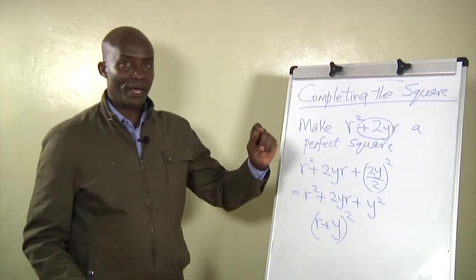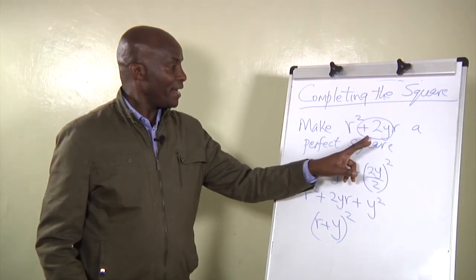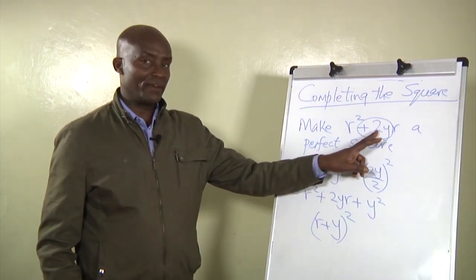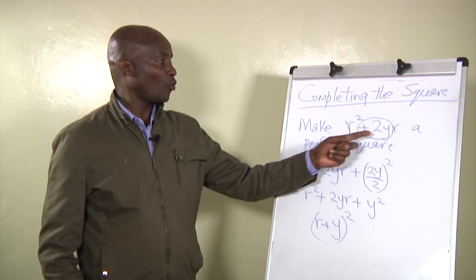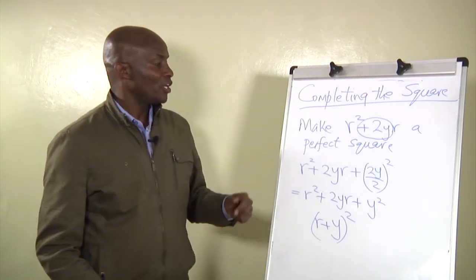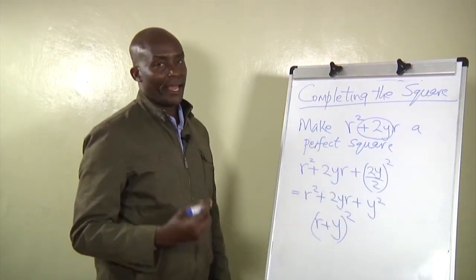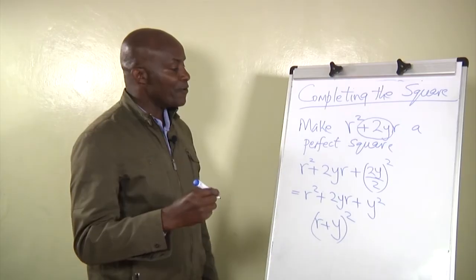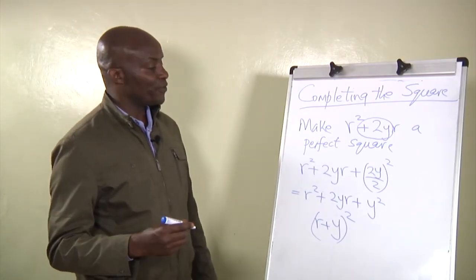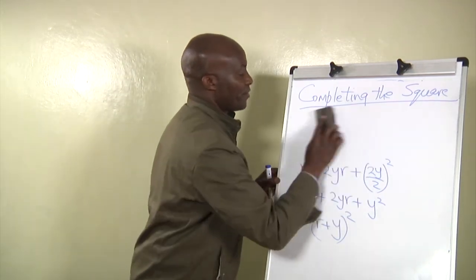All you need to remember is to make any given expression a complete square, and that is what we are calling completing the square. You add to the third term, and the third term will be half of the coefficient of the middle term squared. So I need to put that in writing.